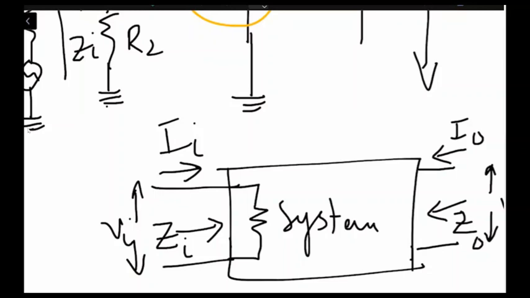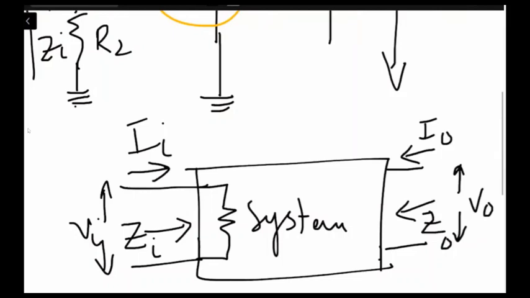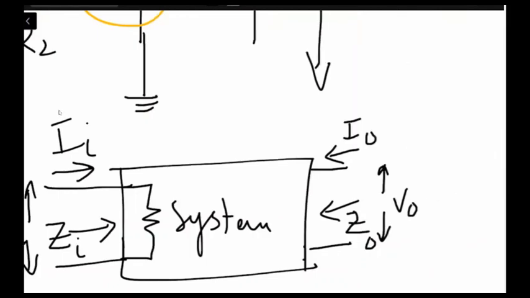Similarly, when looking from the output side, the output current is flowing into the system. So these parameters are basically the requirements for the system that we want to analyze.